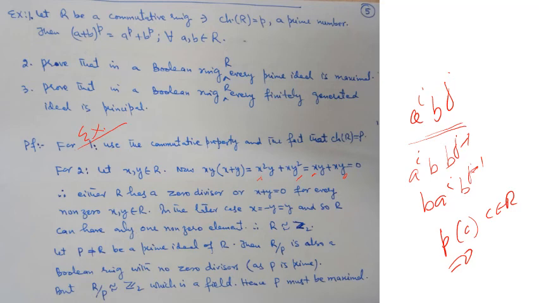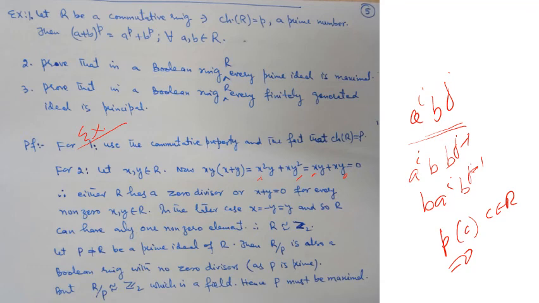What does this mean? This means that either R has a 0 divisor or x + y equal to 0. So either x + y equal to 0 or R has a 0 divisor for every non-zero elements x, y in R. Because if x is non-zero, then y(x + y) equal to 0, then this is a 0 divisor: y(x + y) is non-zero and x is non-zero, and the product is 0.